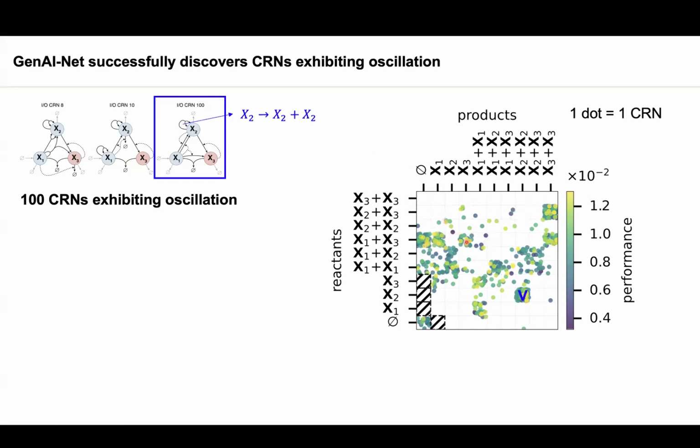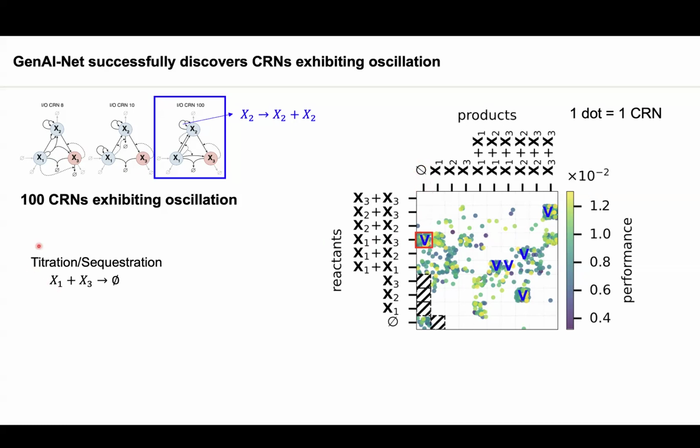And as you can see, there is some block which has really many dots. It means that GenAI-Net chose this reaction to make oscillation, which possibly means that this certain reaction is important for making oscillation. One representative example would be this one, which is x1 plus x3 goes to nothing.